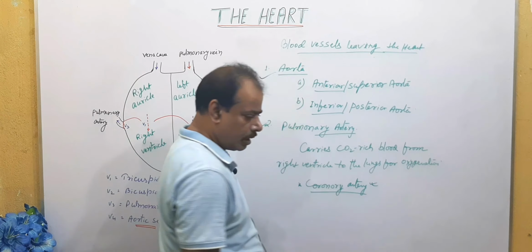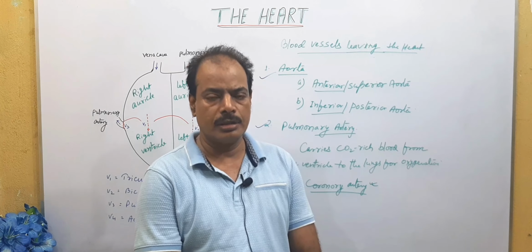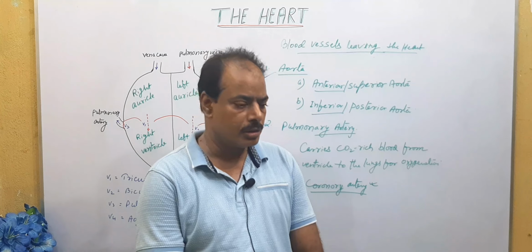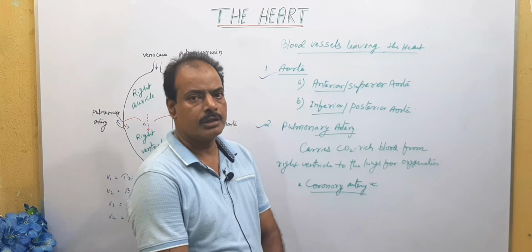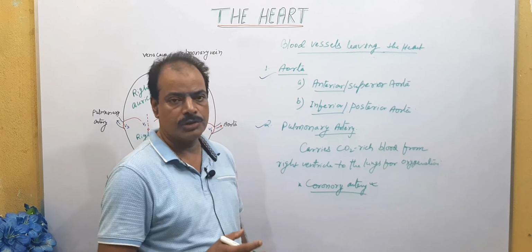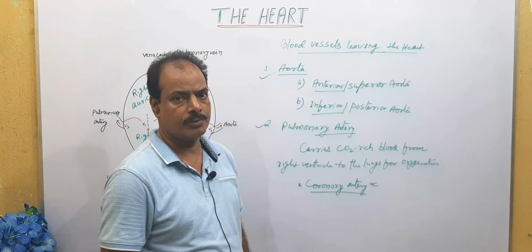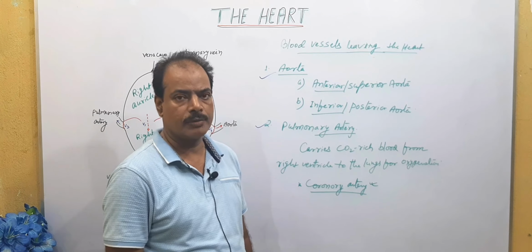Our heart acts as a bank cashier. It does not use the blood which is pumping by it all the time, but it can use the blood or the nutrients and oxygen present in the blood which is supplied by the coronary artery to them.